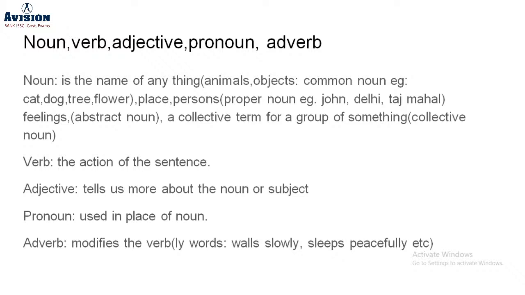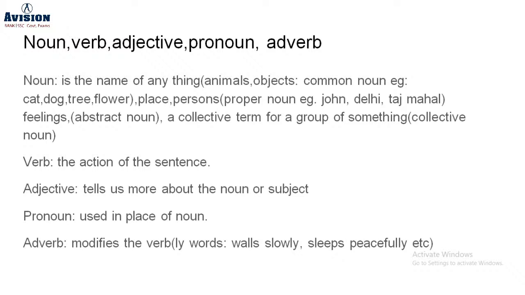Then there are proper nouns, which, as the name suggests, are the proper names of a particular person or place. It can be John, Delhi, Taj Mahal, any particular location, city, or names of persons, because they indicate someone proper. That is why it is a proper noun.